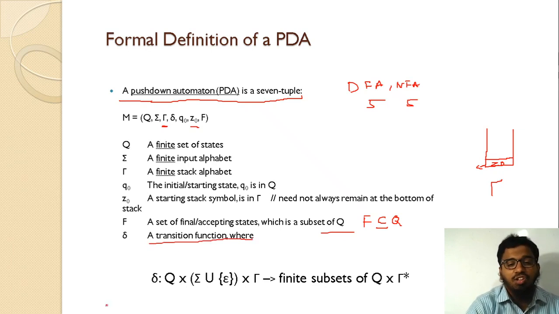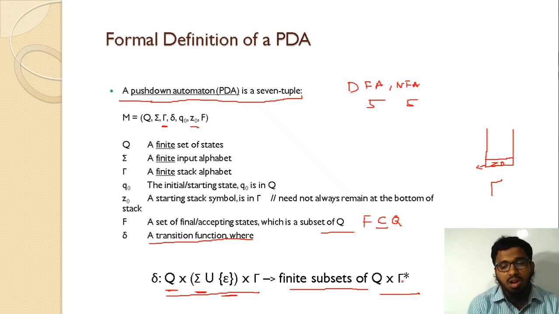For the transition function here, delta is Q cross sigma union epsilon, as I told you, this is NFA with epsilon, cross tau. Whenever we do this, we will get a finite subset of Q cross tau star.